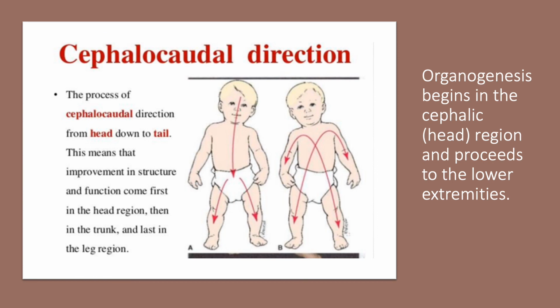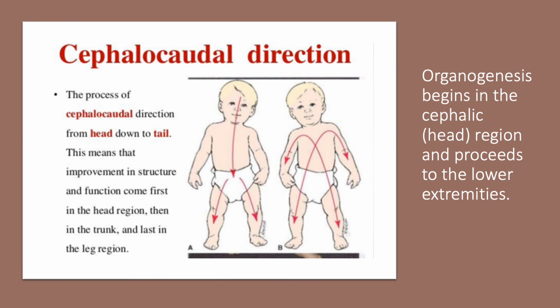So the cephalocaudal trend is the reason that you can see that babies form from the head down, and the upper structures are the ones they gain control over first, and they have the most fine development as opposed to the lower structures that take a while.